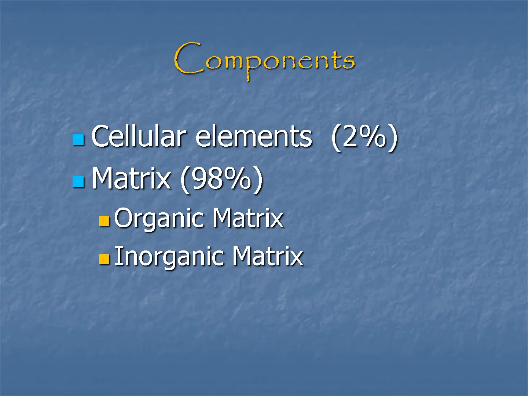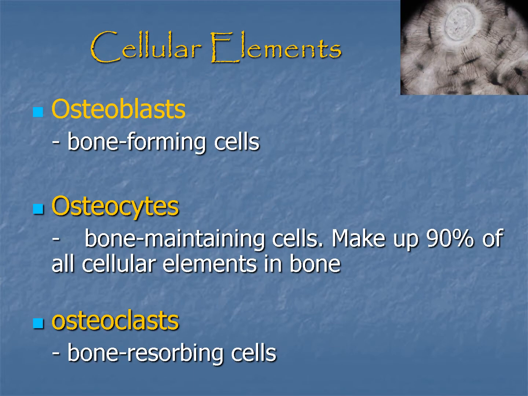Okay, so what composes your bone? Very little cellular components and mostly your extracellular matrix. A small part of that is your organic component, which is your collagen, and your inorganic component, which is your calcium hydroxyapatite crystals.